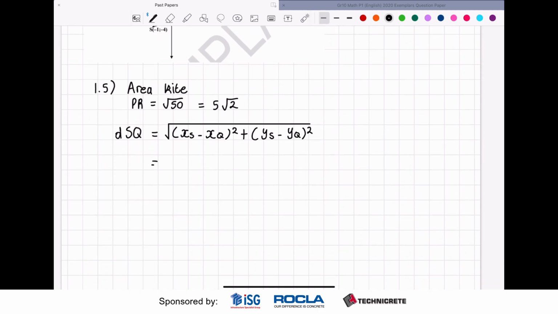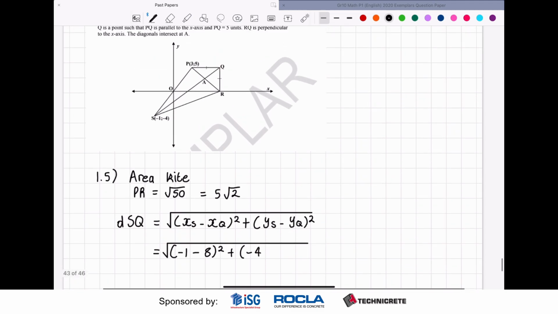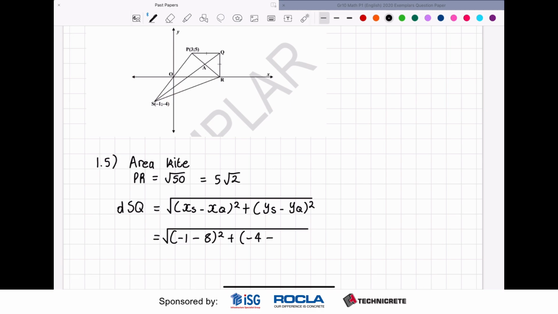And I just substitute in the values. So I know that x of S is minus 1, and x of Q we found to be 8. And the y of S is minus 4, and the y of Q was the same as the y of P, which is 5.